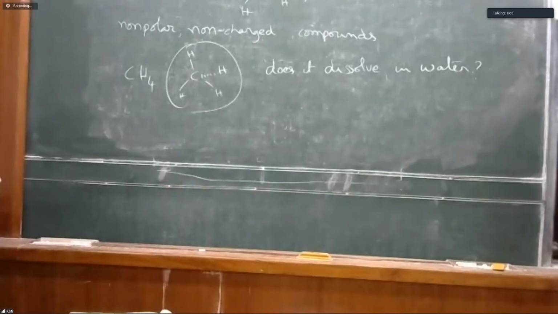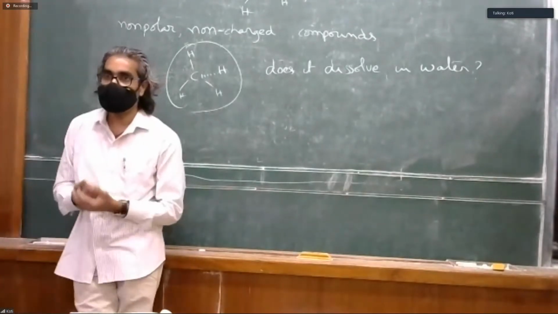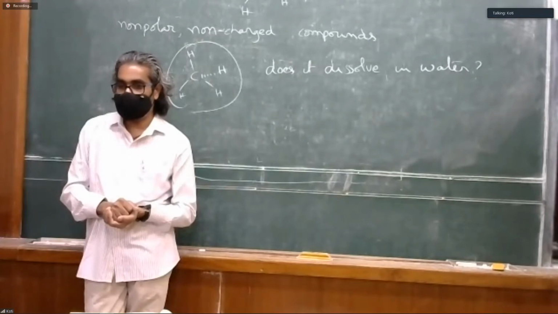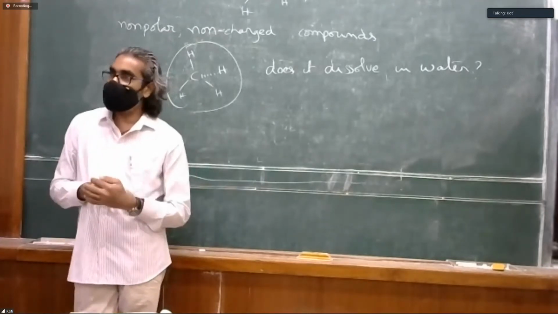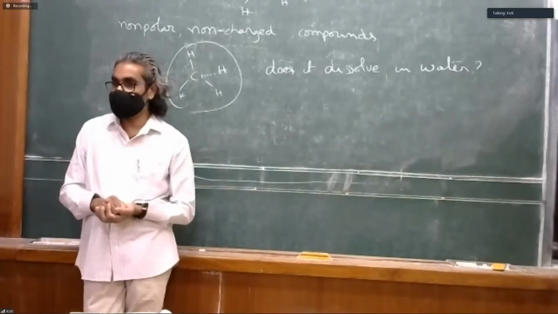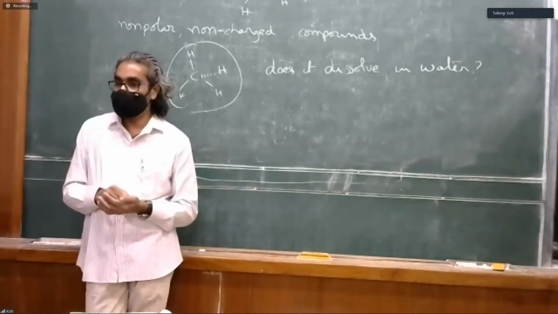Okay, so we need to be very careful. Sometimes you don't have a simple answer like yes and no. Sometimes you need to get to numbers, instead of saying yes or no or true or false. So let's say if you compare methane with sodium chloride. Sodium chloride, you can really put a lot, compared to methane.